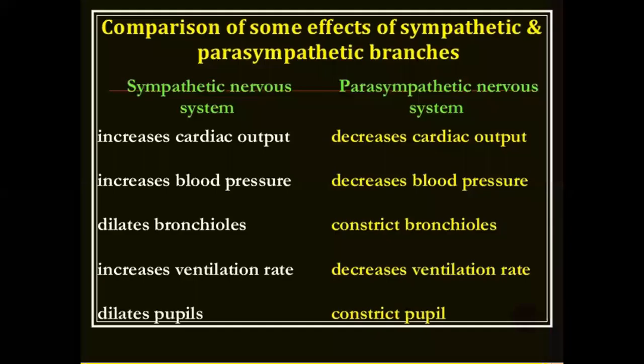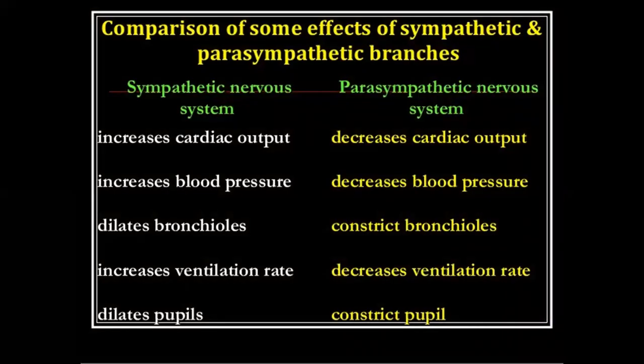Now you can see here a comparison of some effects of the sympathetic nervous system and the parasympathetic nervous system. The first one I told you before, but you can see these comparisons here, and you can copy from here. What are the effects of the sympathetic nervous system? I told you these two systems are different in nature. The sympathetic nervous system is excitatory in nature, and the parasympathetic nervous system is inhibitory in nature.